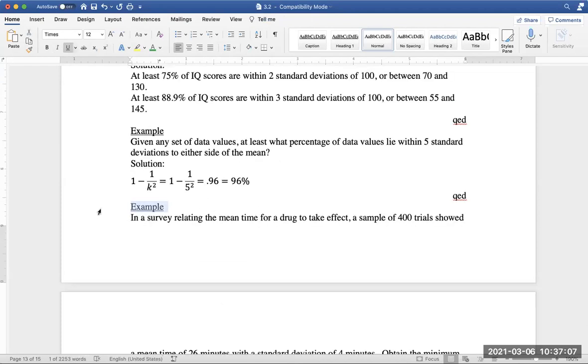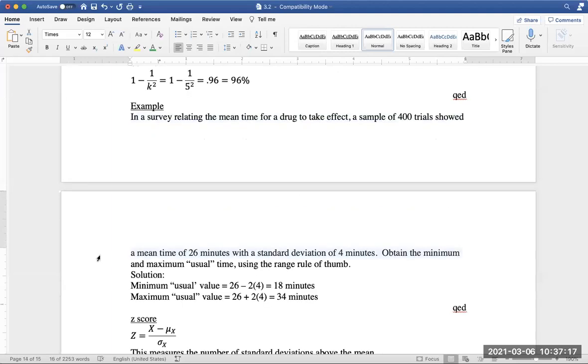In a survey relating the mean time for a drug to take effect, a sample of 400 trials showed a mean time of 26 minutes with a standard deviation of 4 minutes. Obtain the minimum and maximum usual time using the range rule of thumb. The minimum usual time is the mean, 26, minus 2 times the standard deviation, 4.